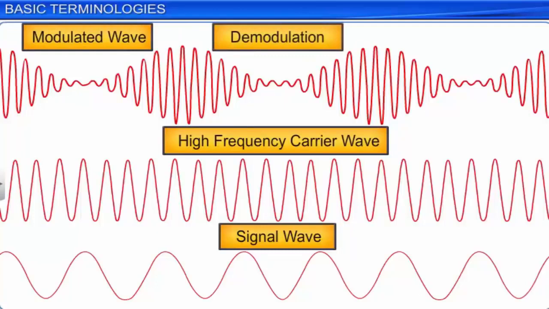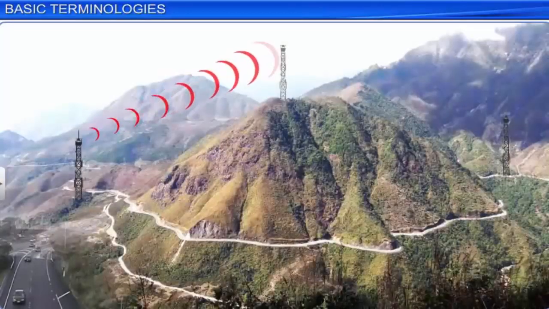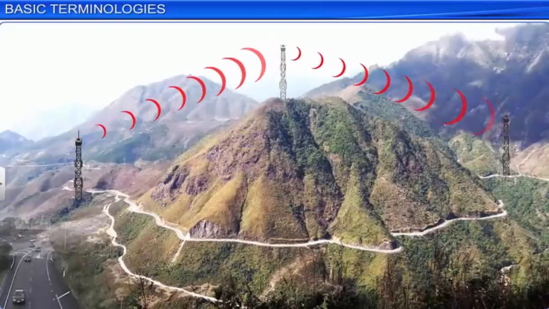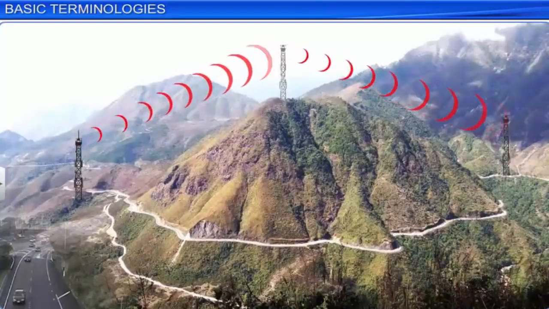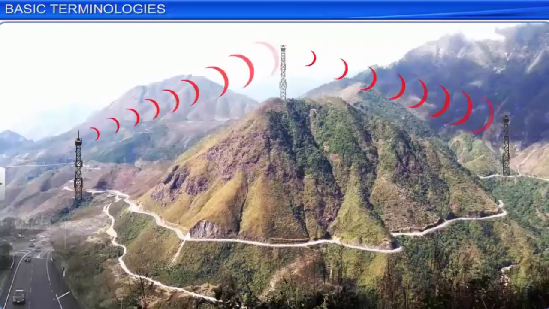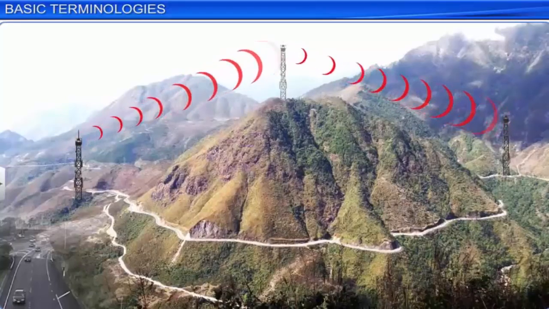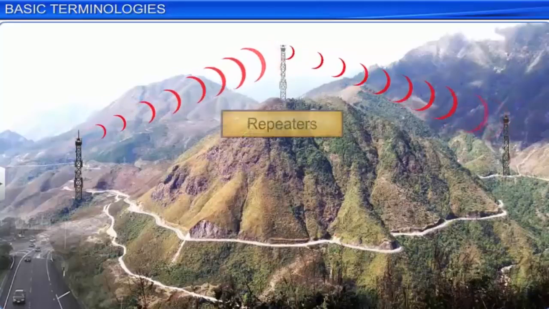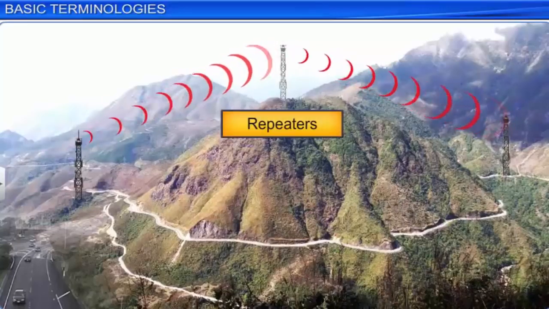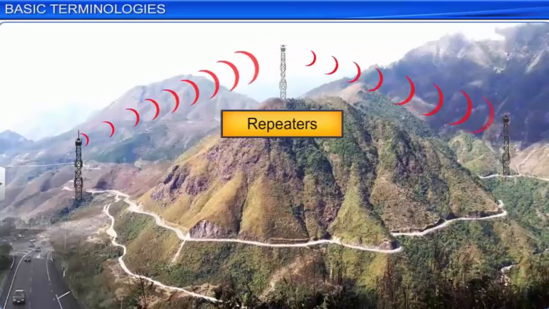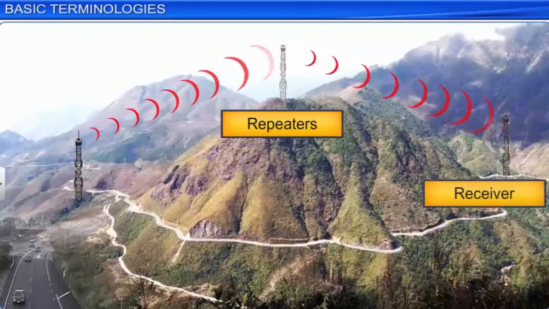Amplification and modulation can increase the range of a signal only to a limited extent. To further increase the range of a signal, we use devices called repeaters. A repeater is a combination of a receiver, an amplifier, and a transmitter.